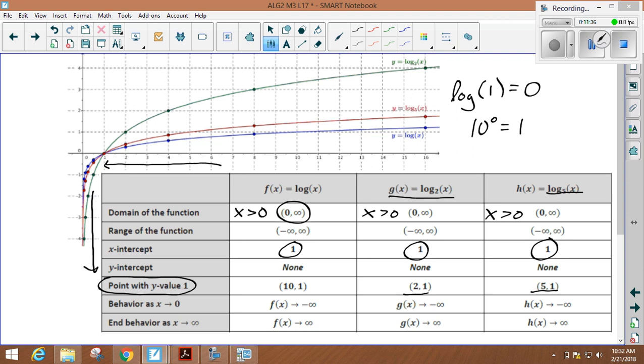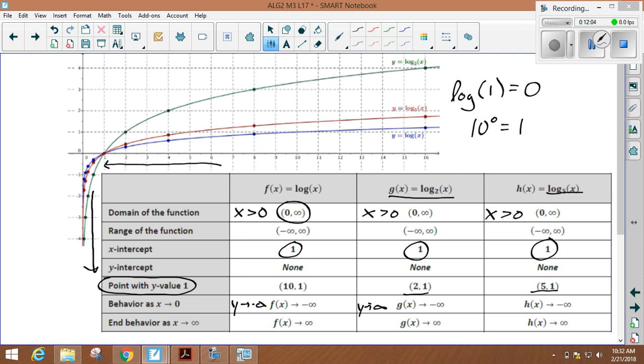So you could also say for each of these, y approaches negative infinity. It's another way of saying that. So as x gets closer to 0, y goes way down to negative infinity, right? So those would be what you will write down there for E.